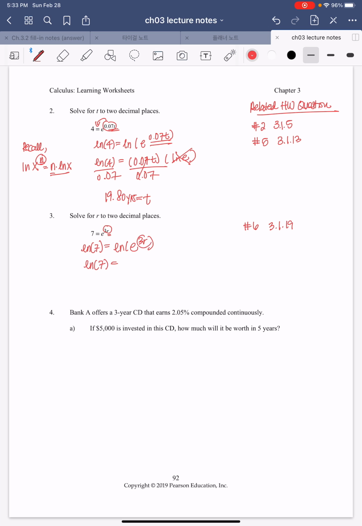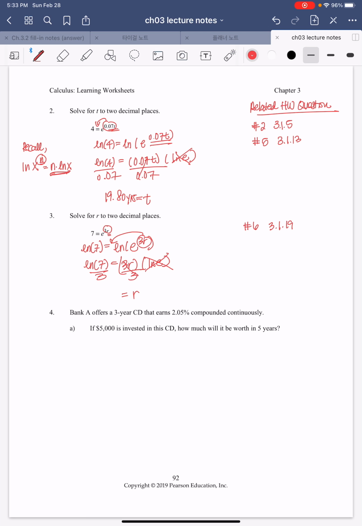So this whole thing comes down, as one of the properties. So 3R times ln e. ln e is just 1. So we have ln of 7, just an irrational number, equal to 3R, divided by 3. So R ends up being ln 7 over 3.